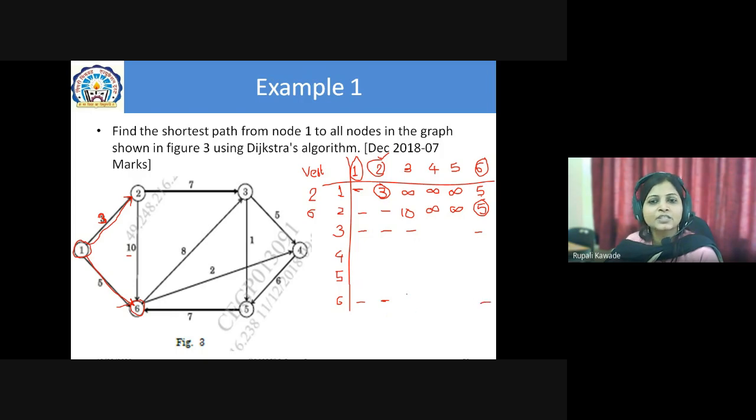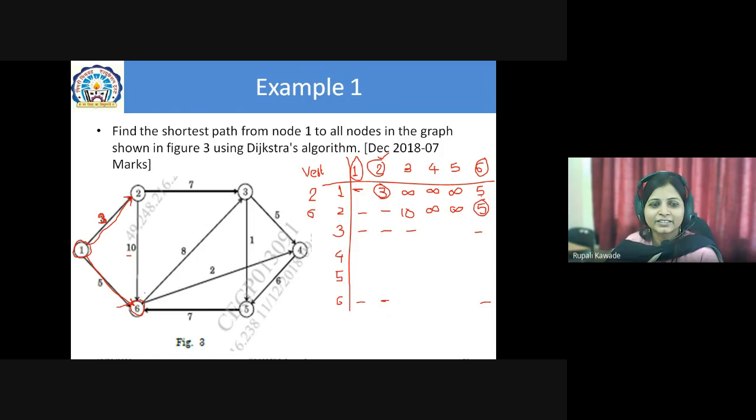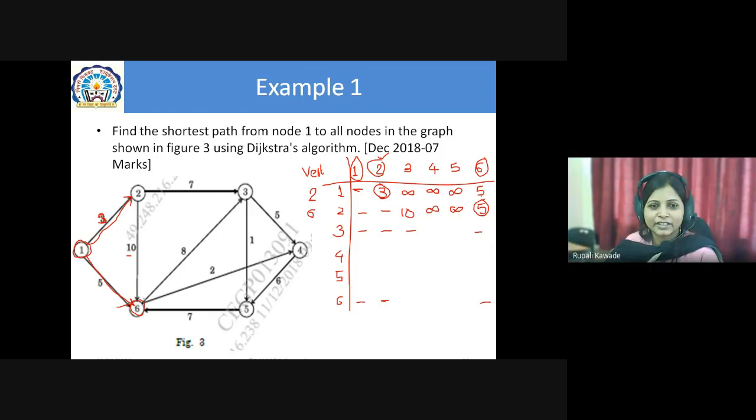Now distance between 6 and 3, 11? No, 6 and 3, 13. Why? Because we went from 1 to 6, then 6 to 3.